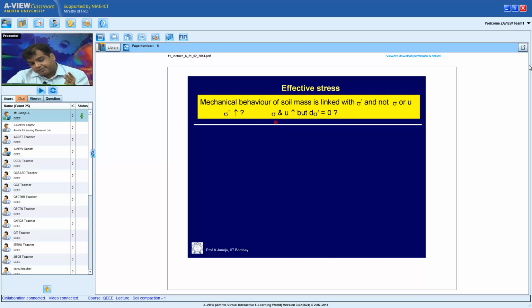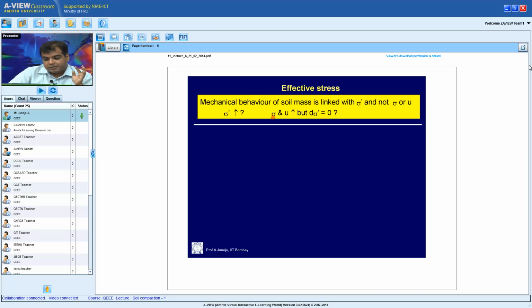Depending upon which field you are in, one of these properties would be pretty important for you. All these, the strength, compressibility, and permeability, depend on effective stress, which is sigma prime. In other words, if effective stress, sigma prime, increases, your entire mechanical behavior can drastically change from a poor soil to a better soil. That's how significant sigma prime is.